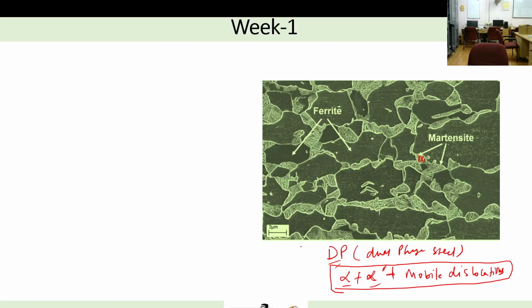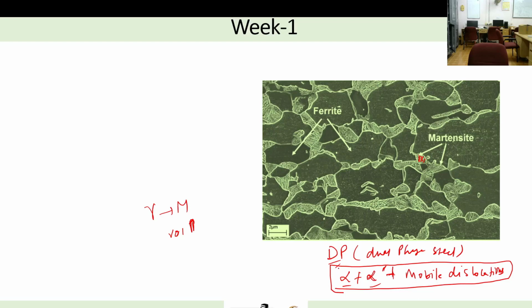The source is that when you are cooling austenite to martensite, there will be a volume expansion. To accommodate that volume change, a large number of mobile dislocations have to come at the ferrite and martensite interface, and that is what you can see here in the line.